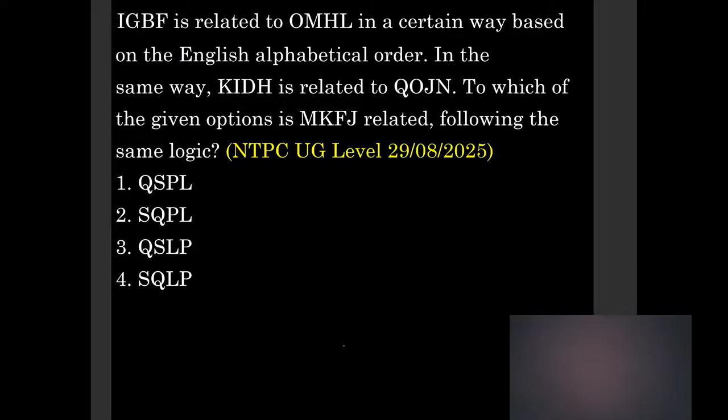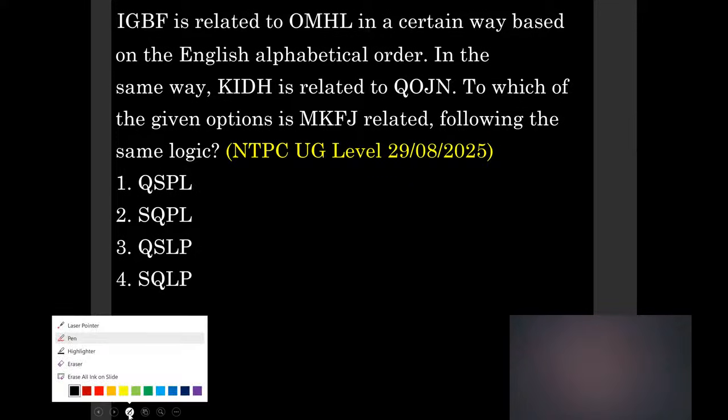Okay, this is the next one. This is a direct coding decoding question. So for this, first you should be writing some numbers, and based on the numbers we can solve this. You can write values of each alphabet.